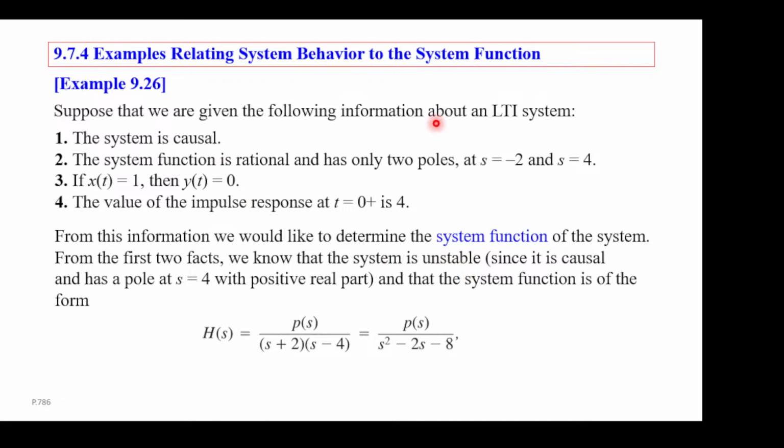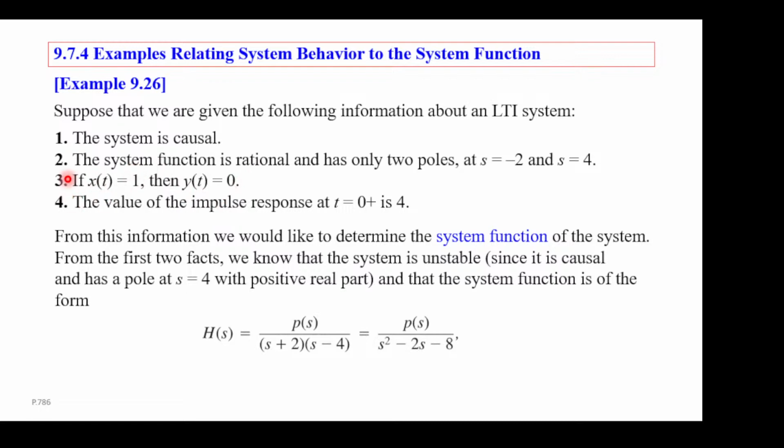So for example, let's see this one. We have the following information on our LTI system. The system is causal, and the system function is rational, and it has two poles, one at -2 and one at +4. Then we have this behavior property that if the input is 1, then the output is 0.